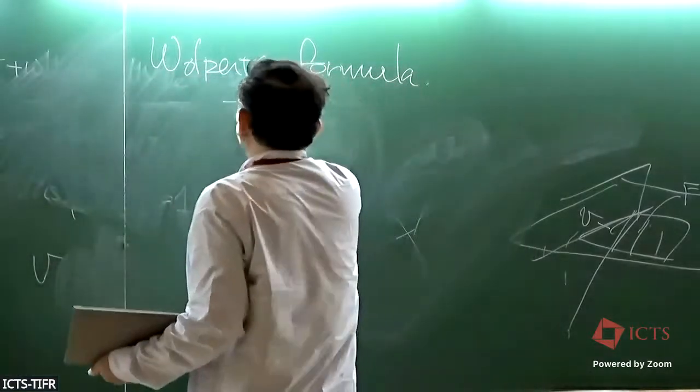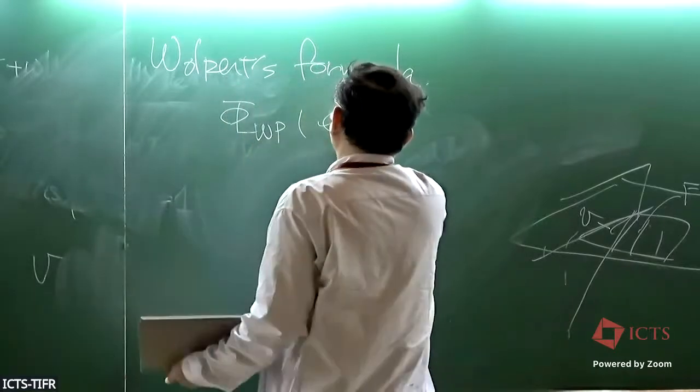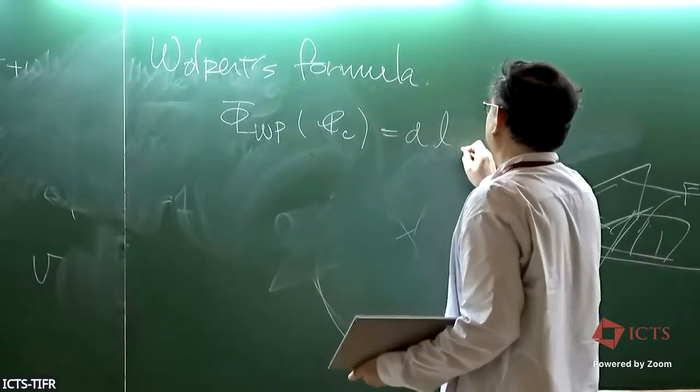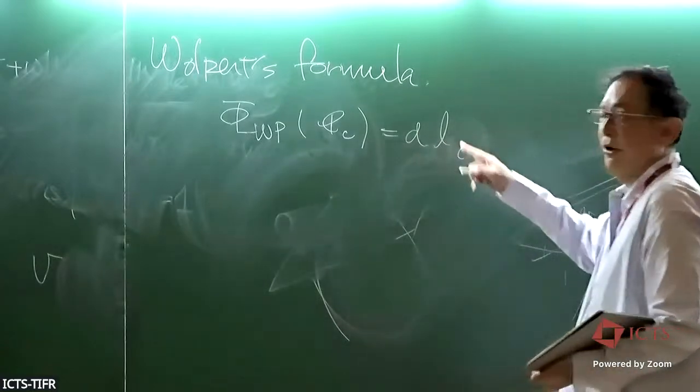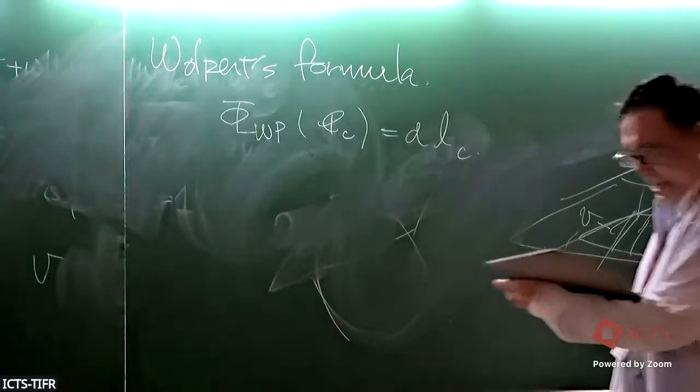So phi of WP of the earthquake is equal to the derivative of the length at any point of the Teichmüller space.